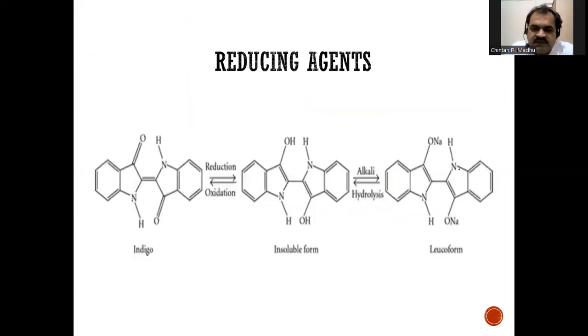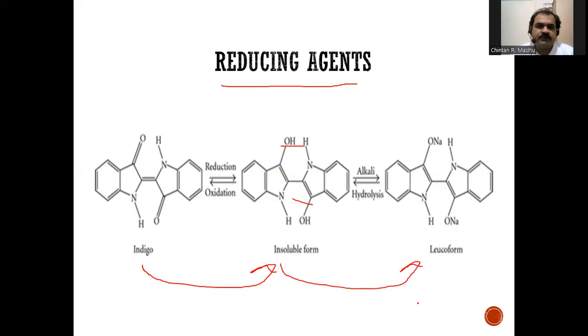Reducing agent, of course, when we are doing a discharge printing, we have to reduce the dye, and at that time we are using the reducing agent. Again, if you talk about the vat dye or indigo dye, though both are in insoluble form, when we do the reduction, they convert into the hydroxide, and then we can convert that into a solubilized form.